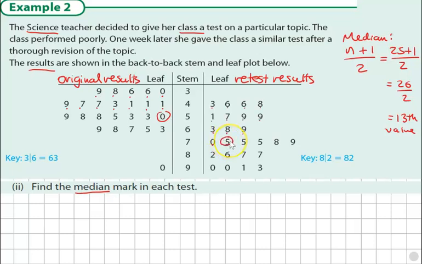A quick way to check that you have counted properly is that if this is the 13th value, there should be 12 before and 12 after. I've put dots underneath, so there should be 12 dots: 1, 2, 3, up to 12.